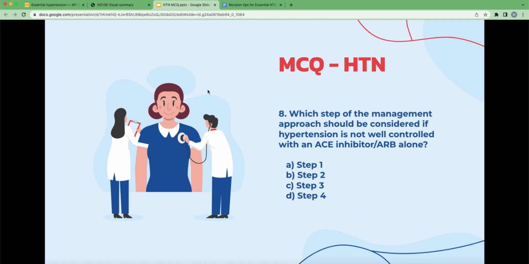Which step of the management approach should be considered if hypertension is not well controlled with an ACE inhibitor or ARB alone? A, step 1. B, step 2. C, step 3. D, step 4.